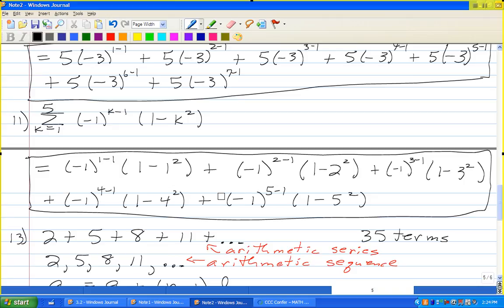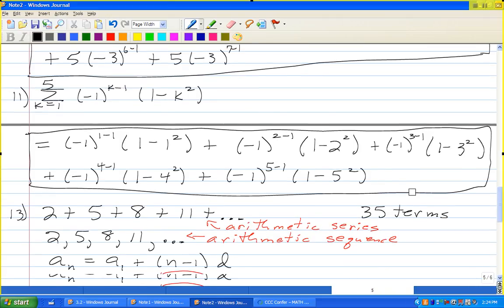You can see that, well, obviously the first term was 1 because that's where you started, and the last term was 5 because that's where you ended. But there was really no index k in here. It just was part of the notation. So that's why we call it a dummy index.